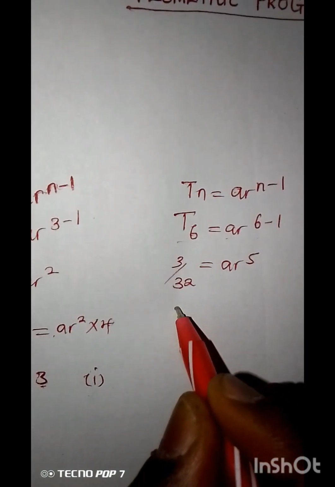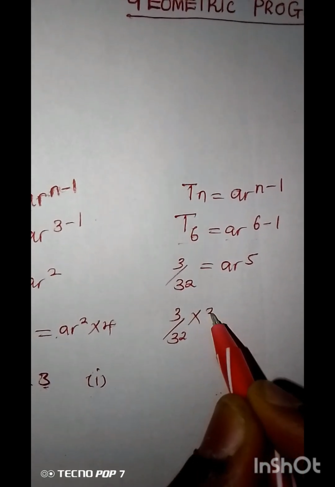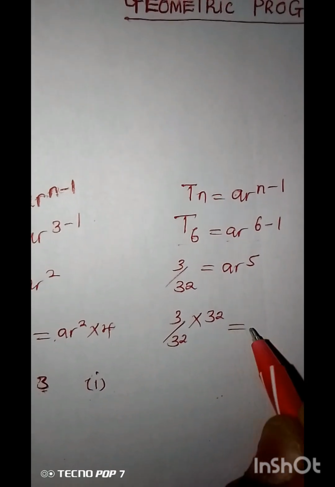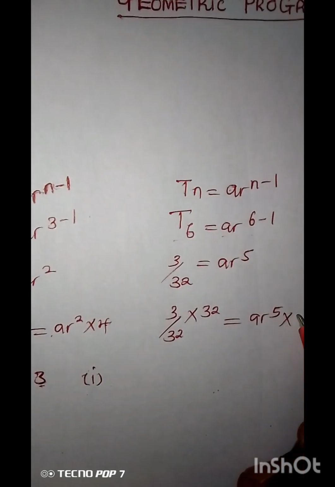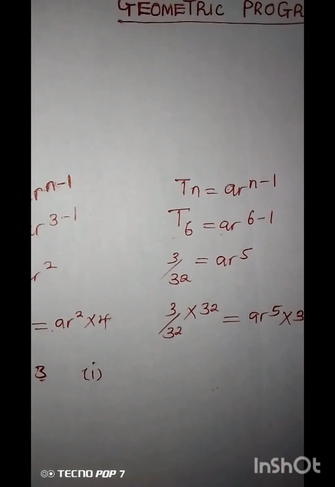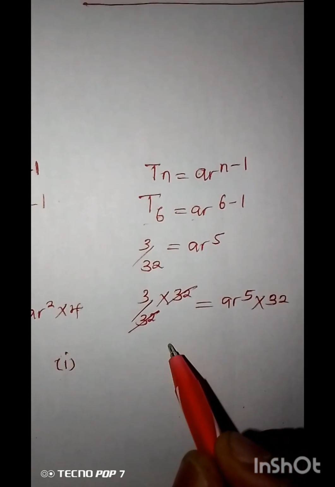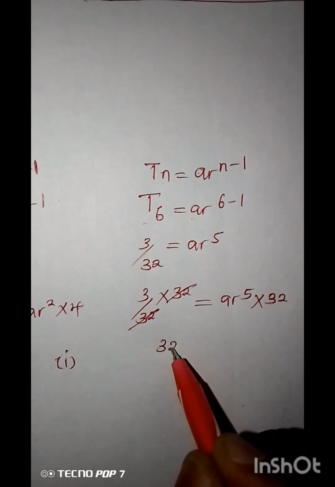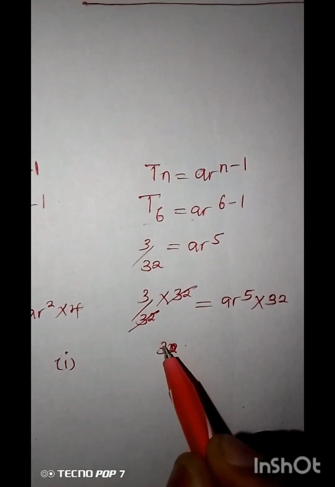Then you're going to multiply both sides by the denominator, so then you do this. 32, or 32 over 32 is 1, you are going to remain with 3.